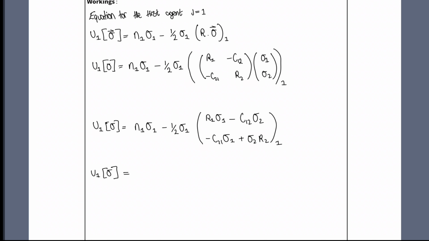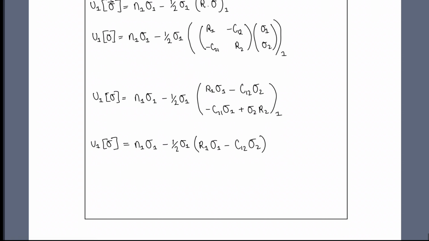So we can write this as eta 1 sigma 1 minus a half sigma 1 times (R1 sigma 1 minus C12 sigma 2). When we expand this out, we get eta 1 sigma 1 minus a half R1 sigma 1 squared plus a half C12 sigma 1 sigma 2.